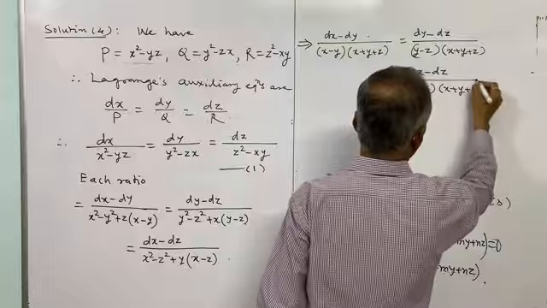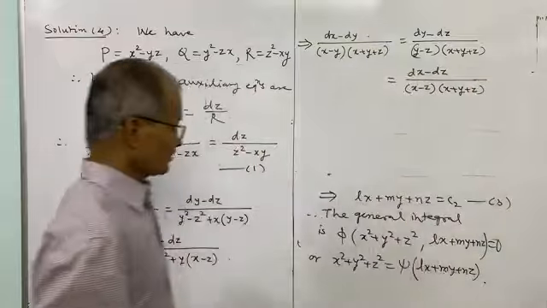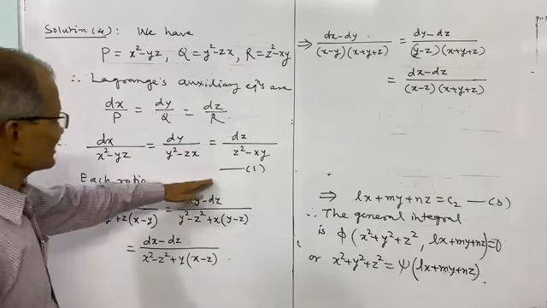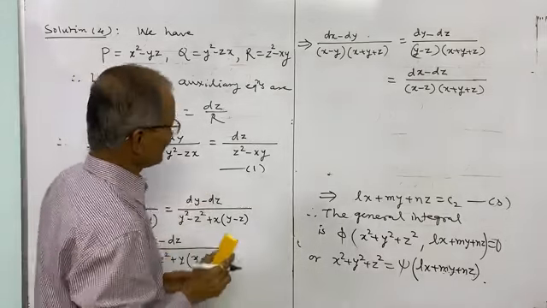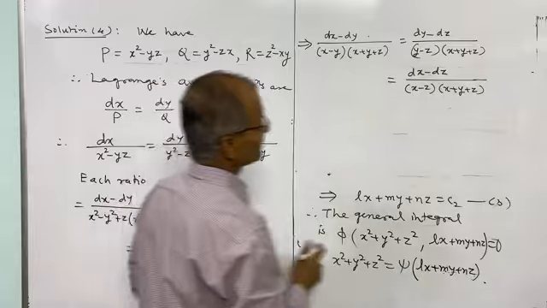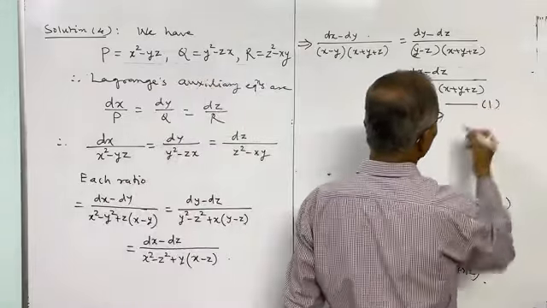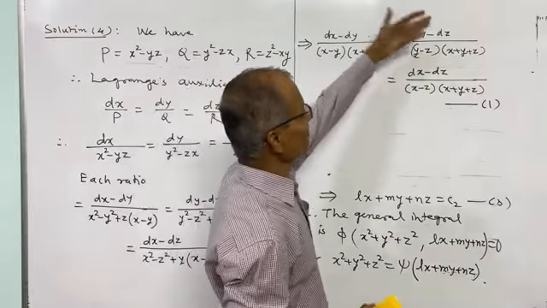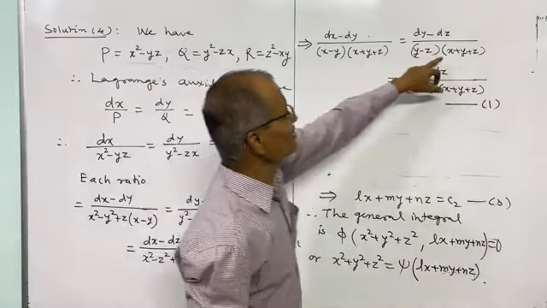Now we may observe here. Instead of considering this as first, we may consider this one as first, because we are going to refer to this. And now we can equate any two ratios, so that this term gets cancelled.